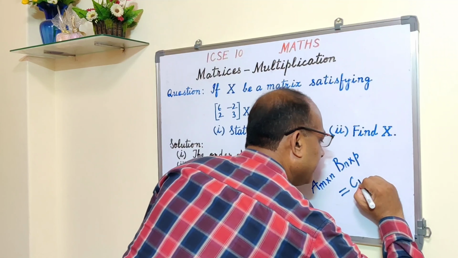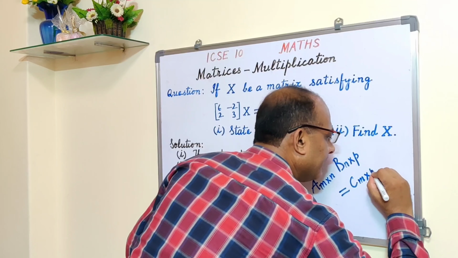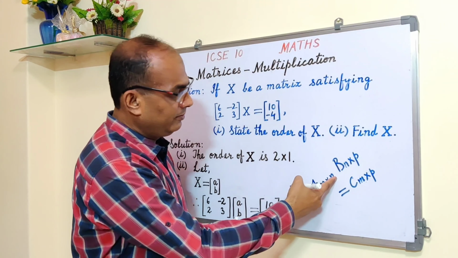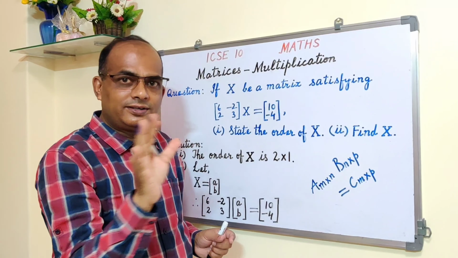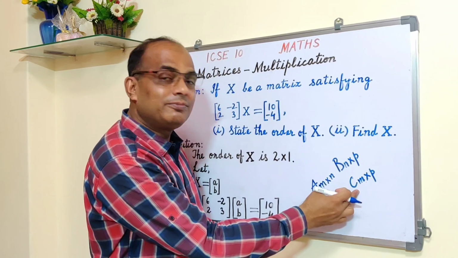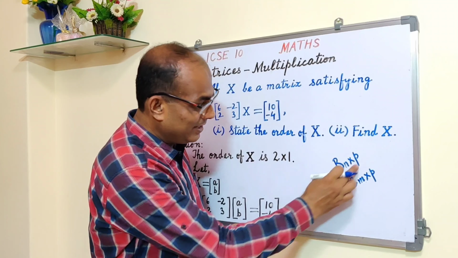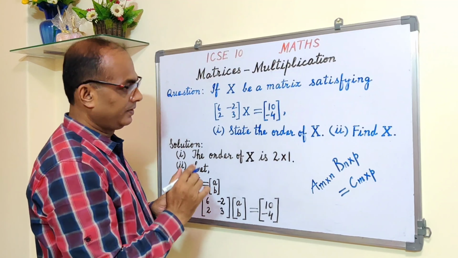M by p. This we already know. The number of columns of A is equal to the number of rows of B, so the product is possible, and the order of C will be m by p. Now please compare this here.